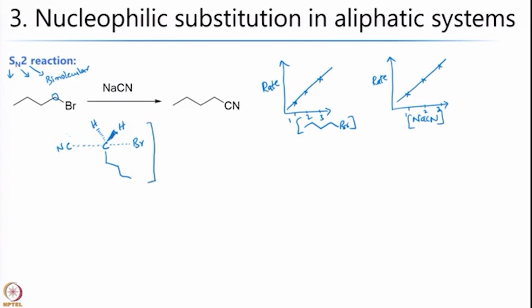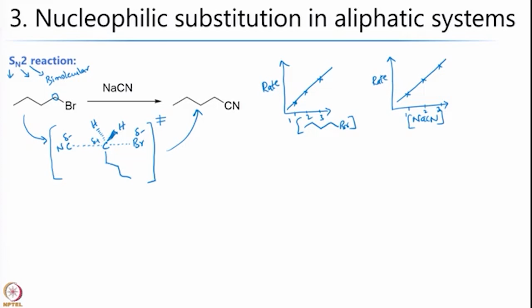And so, this is what one would encounter as what is called a transition state, that is, this reactant goes through this pathway to lead to the product which is shown here. And if you look at this, in this both the CN minus is involved, this will have a delta minus and this will have a delta minus and this will be a delta plus on the carbon. Both the CN as well as the bromide are involved in the reaction.